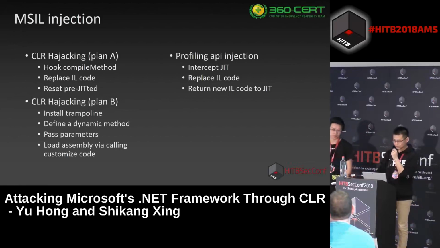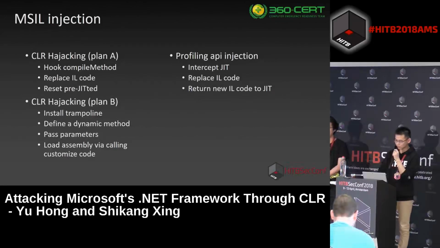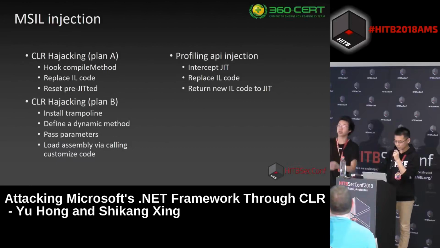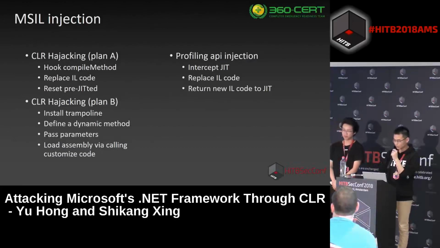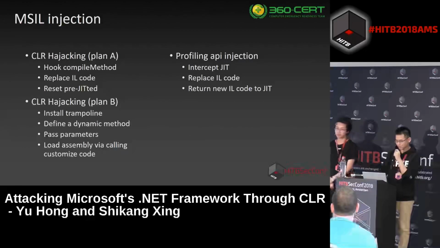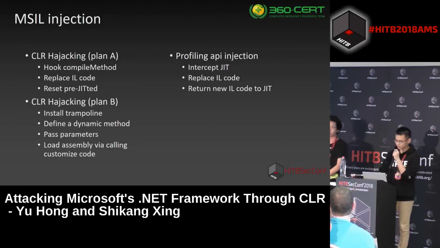For MSIL injection, we have three methods to inject the code that we want. First, we review the whole process of IL code compiling and execution. As Radrin said before, IL code comes from a higher-level language and is taken over by the CLR, and the CLR will load it and translate it into machine language.